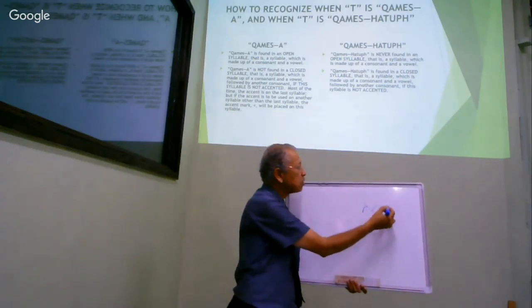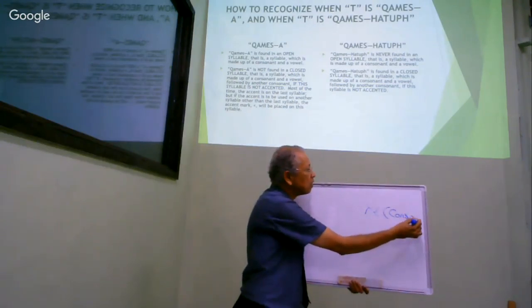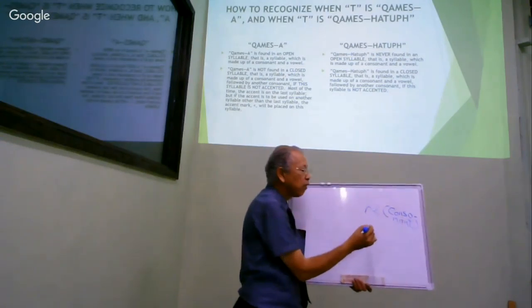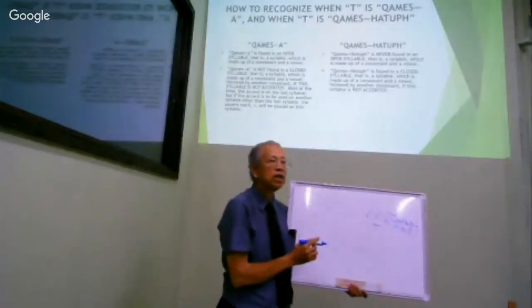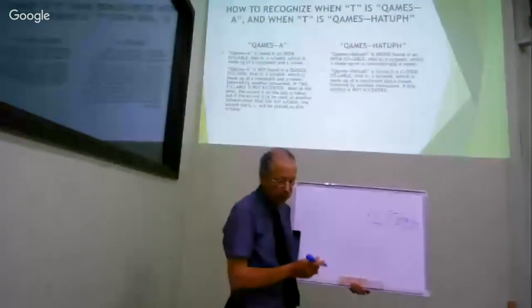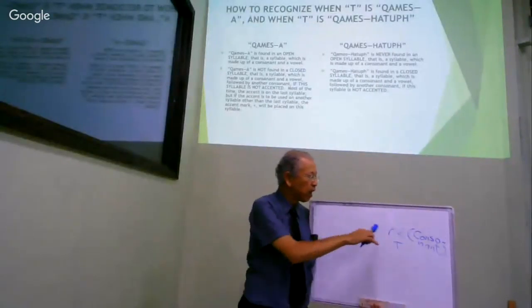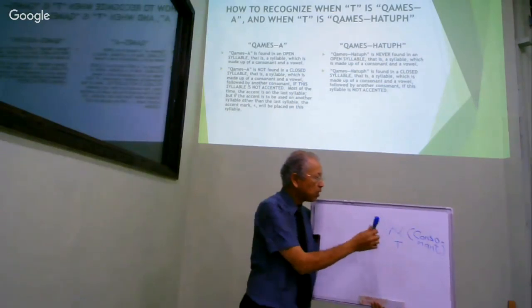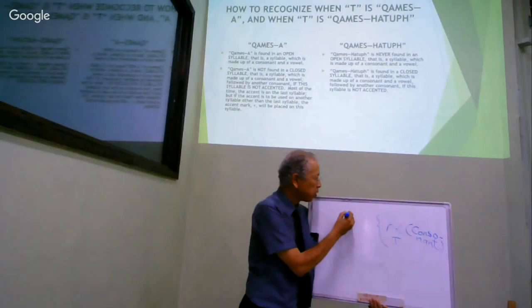It is a consonant. And it is followed by a vowel. The vowel is underneath the Aleph, and it looks like our capital T in English. On the board, you can see that when you have a consonant followed by a vowel, this is called an open syllable.